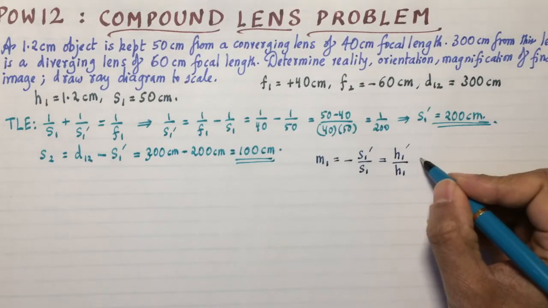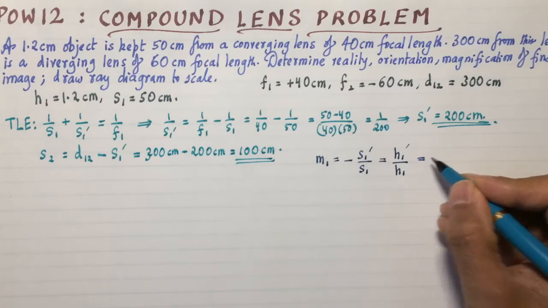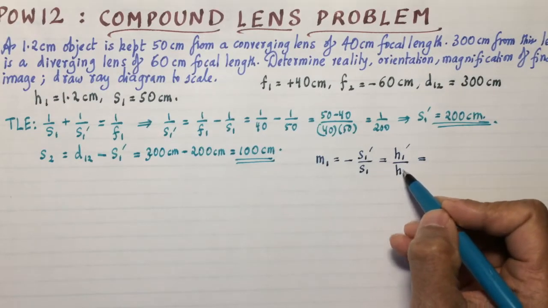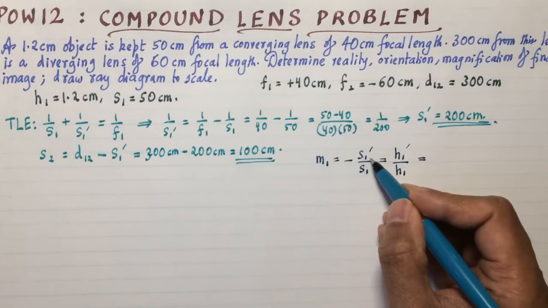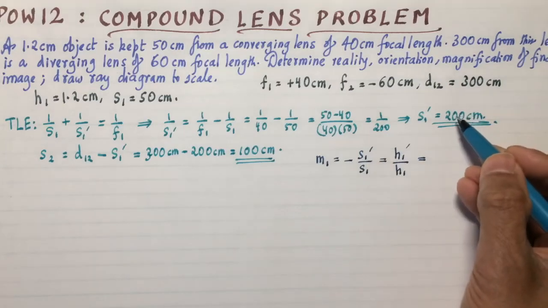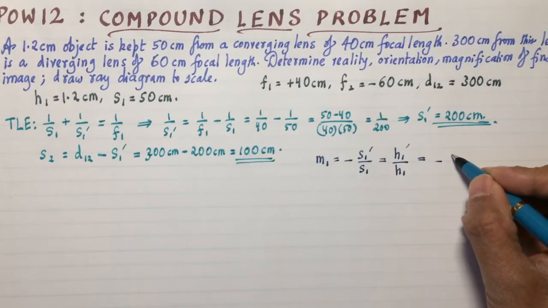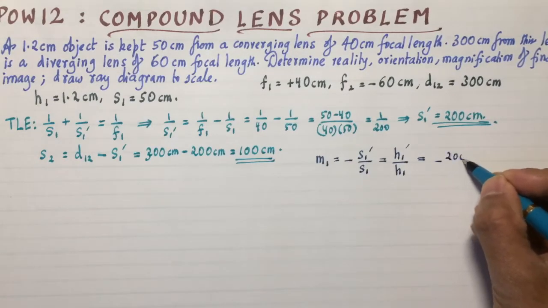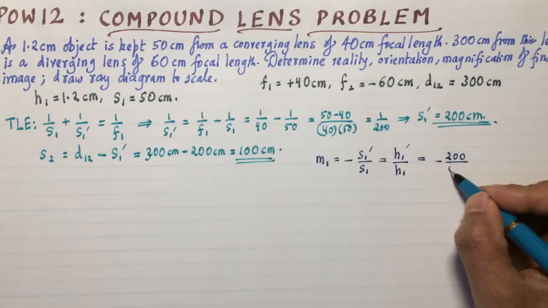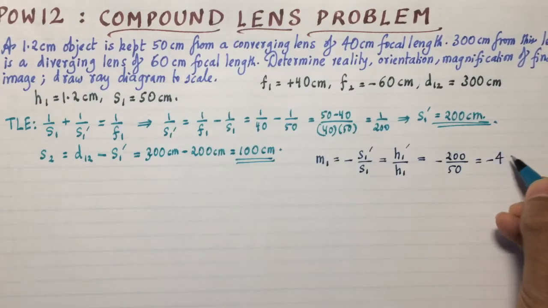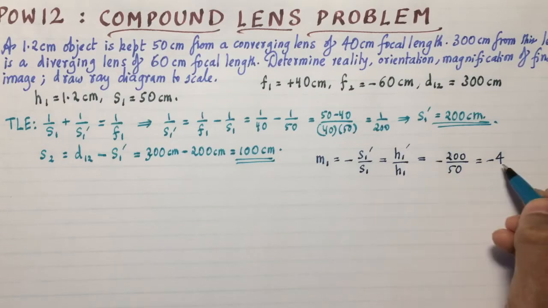I don't know the height of the image, but I certainly know the image distance and the object distance thanks to the TLE. So I can find that out. So negative S1 prime is negative 200 over S1, which is 50. And so I get H1 prime over H1 equals negative 4, which means it's magnified 4 times and inverted.